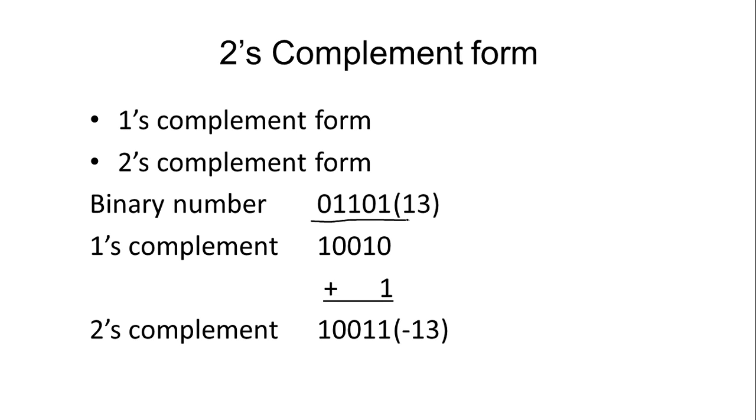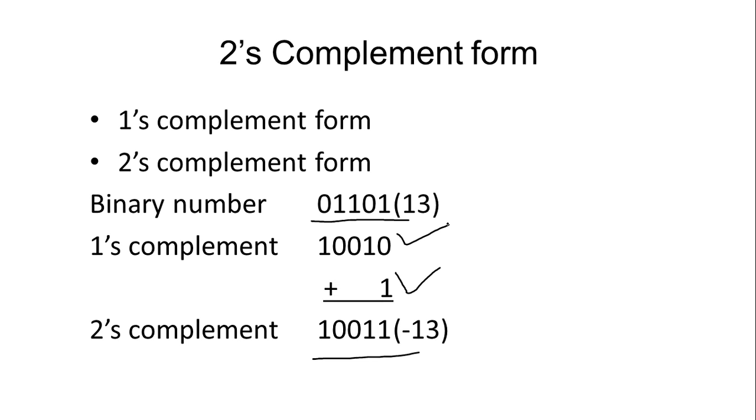After inverting the bits, if we add 1 in the least significant bit, it is called 2's complement. So here is the 1's complement form of our binary number, and if we add 1 to that number, we will have the 2's complement.